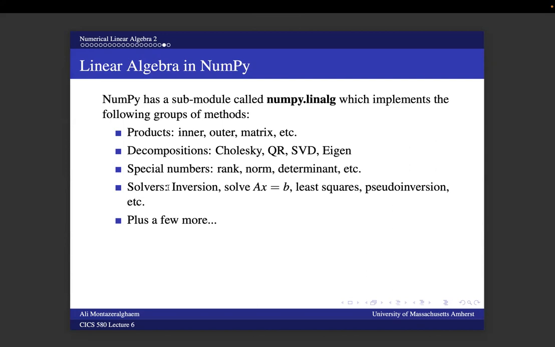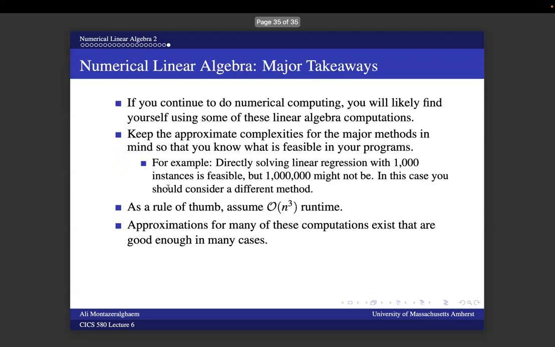So if you want to use NumPy to find the inverse of a matrix, that's possible because NumPy already has these methods.